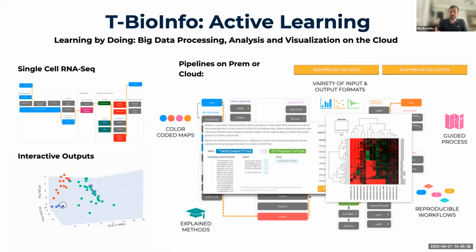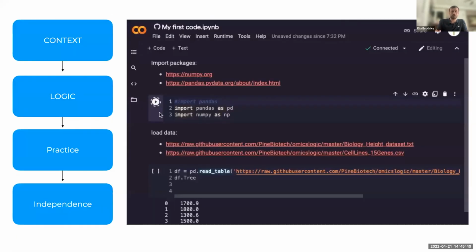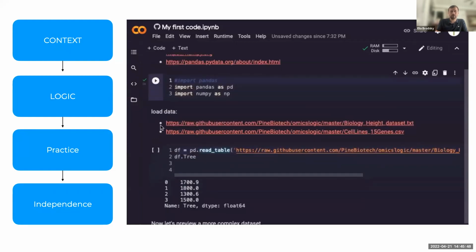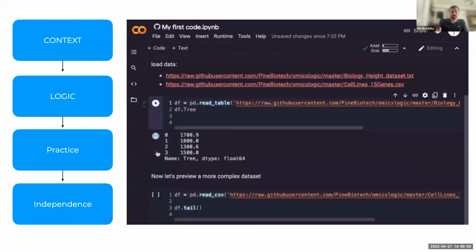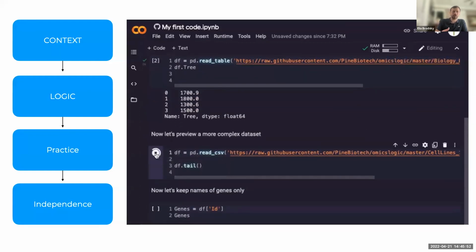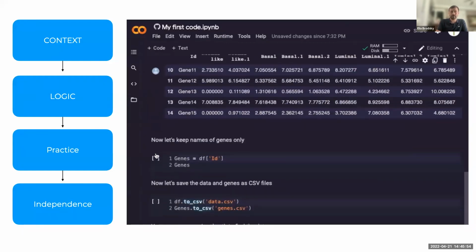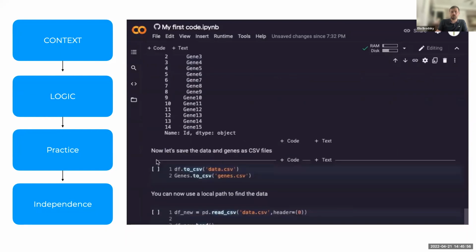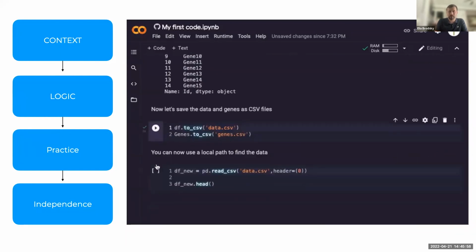In addition to that, for those that decide to go deeper and beyond that, we also offer a full process from context to the logic of the analysis to then practical tools that they can learn themselves using different tools like Google Colab to not only do the analysis, but then also save that code that they could potentially replicate in the future.